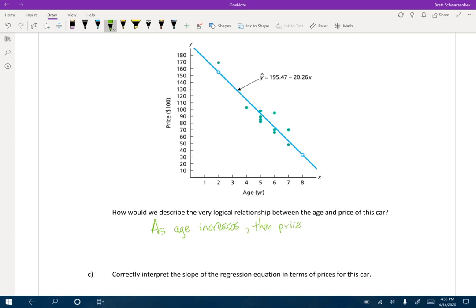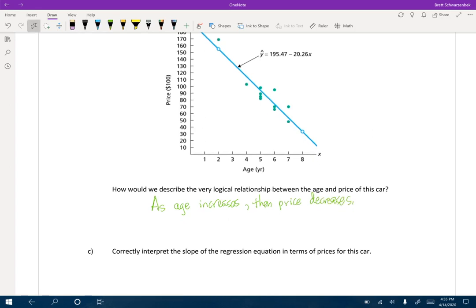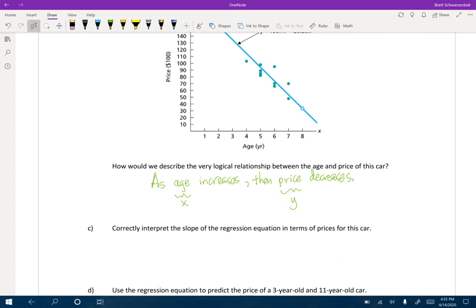We know this logically anyway, but it's important to see the linear relationships and what they mean. Whenever you describe a relationship like this, you always talk about what you're doing with x, either increasing or decreasing it, and then the result is y, because again, this is the predictor variable and this over here is the response. So you always state it this way.